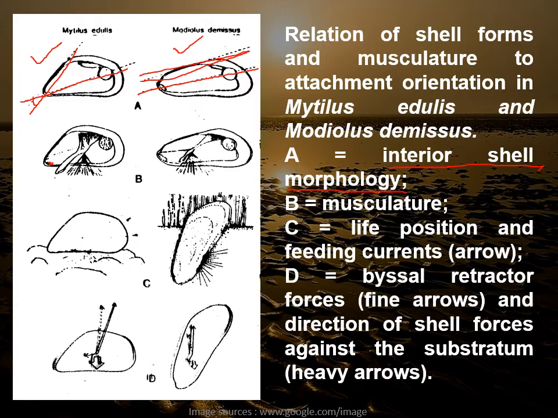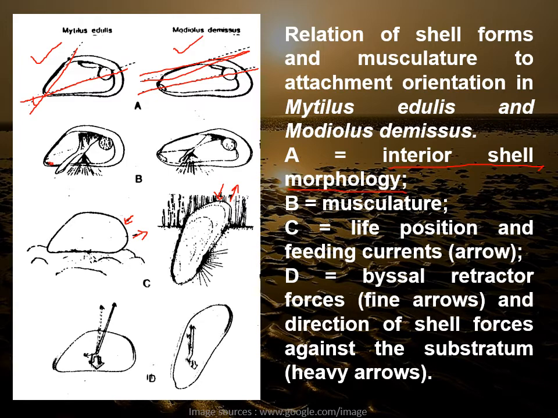The life position and feeding currents also change. In the epifaunal case, you can see the feeding currents come in this direction and remove the excreta in this direction. But when it becomes infaunal, the life position is changed, and the direction of feeding currents and the excreta-rich water also change. The next is byssal retractile forces.